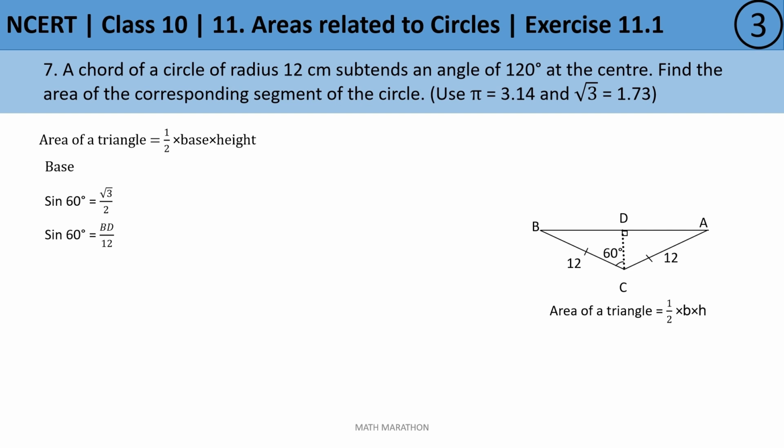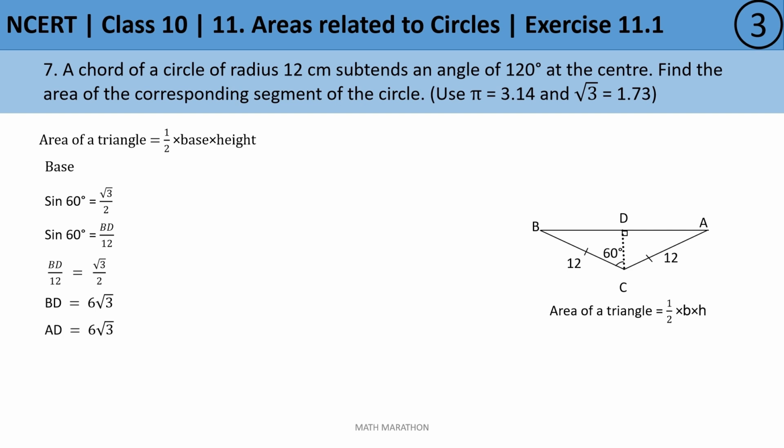Sin 60 is equal to opposite side, which is BD, by hypotenuse, which is 12. BD by 12 is equal to root 3 by 2. Let us multiply the equation by 12. We get BD is equal to 6 root 3.